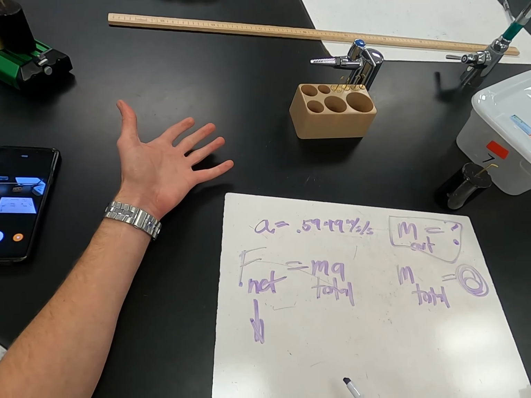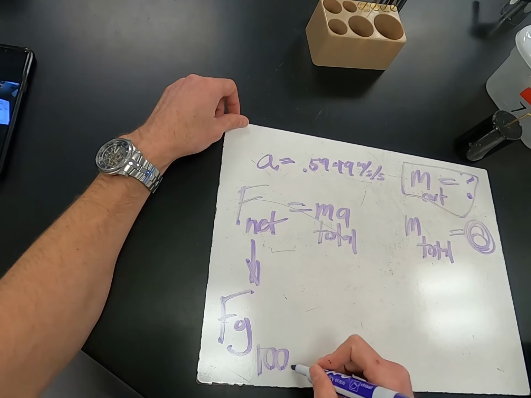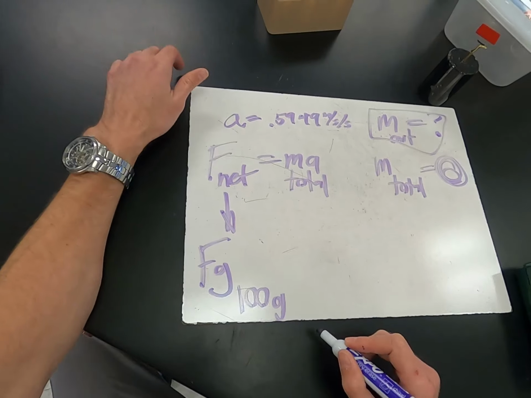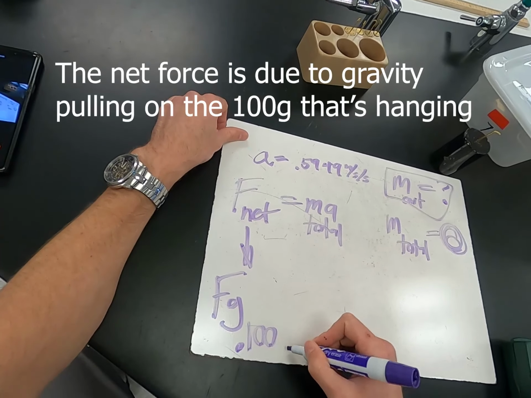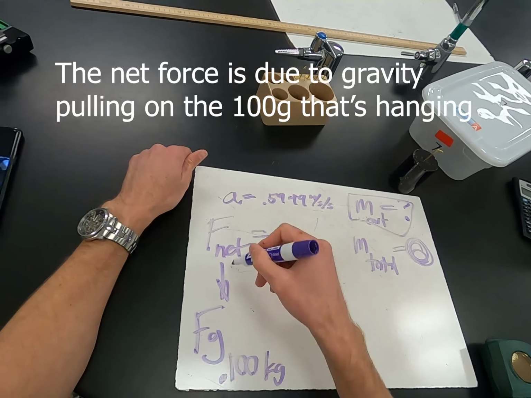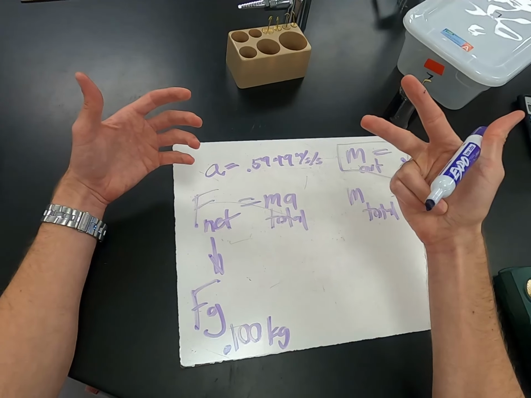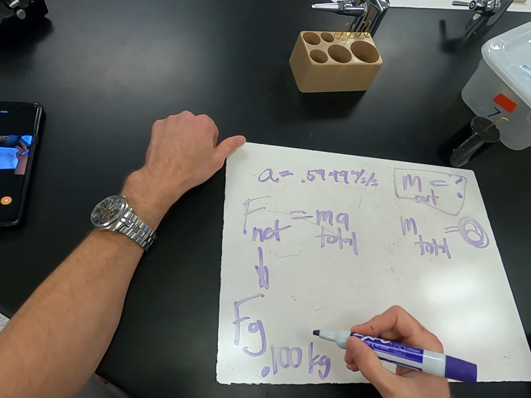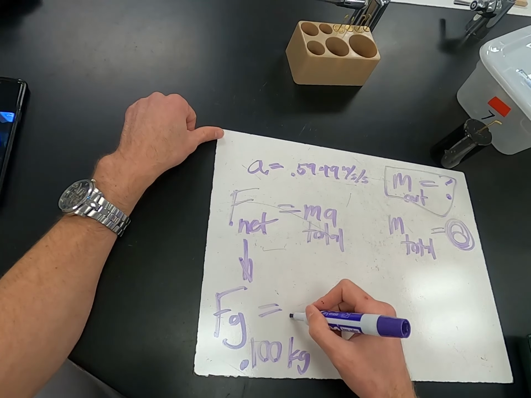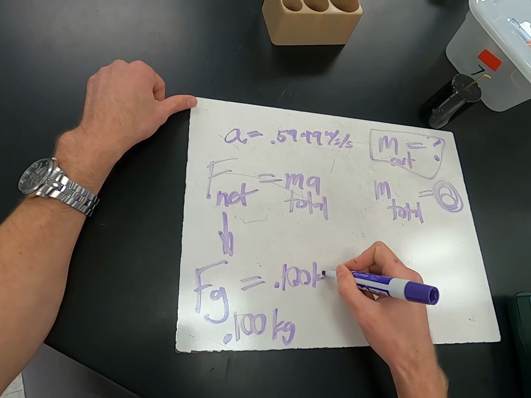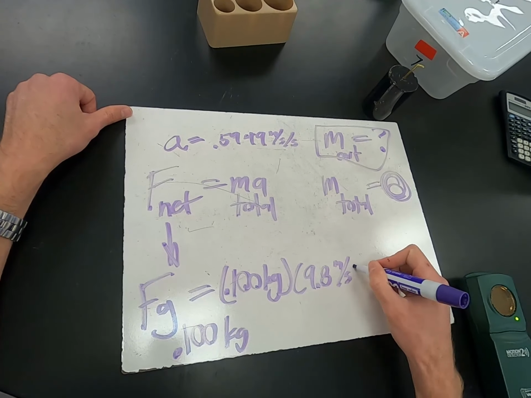So what's causing the net force? Well, it's the force of gravity on my 100 grams. But 100 grams is the same thing as 0.100 kilograms, because force has to be in newtons, and a newton is a kilogram meter per second squared. The force of gravity is just mg, so we have 0.100 kilograms times 9.8 meters per second squared.